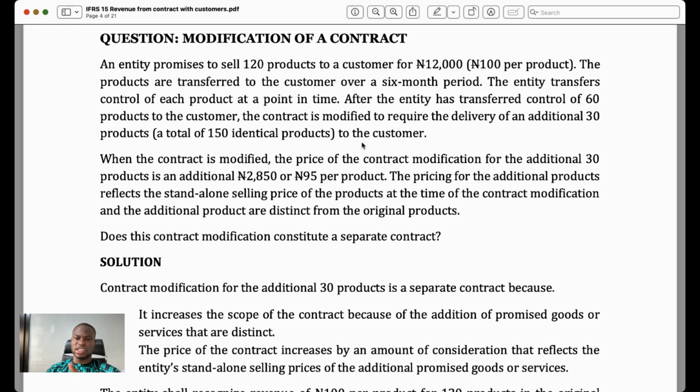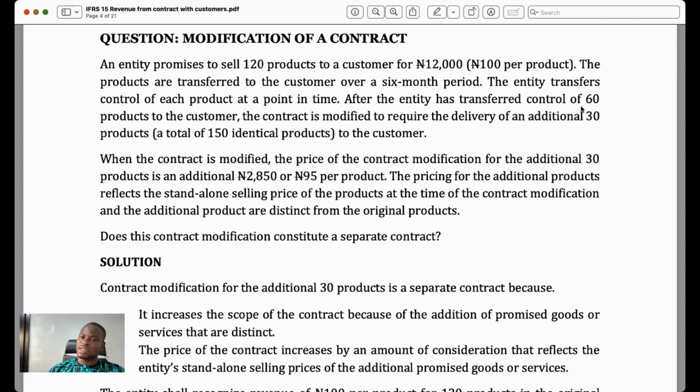Okay, so in this first paragraph now, they said he wants to sell 120 products to a customer. Then the customer says, okay, after he has delivered 60 out of that 120, come and deliver an additional 30. That means the total comes to 150.